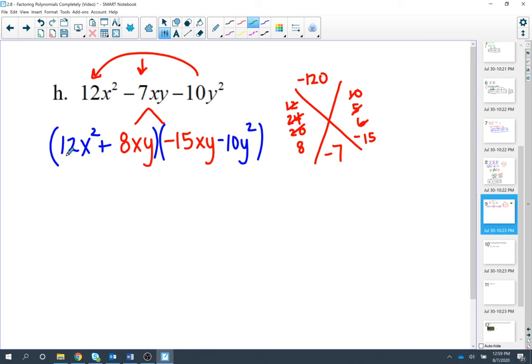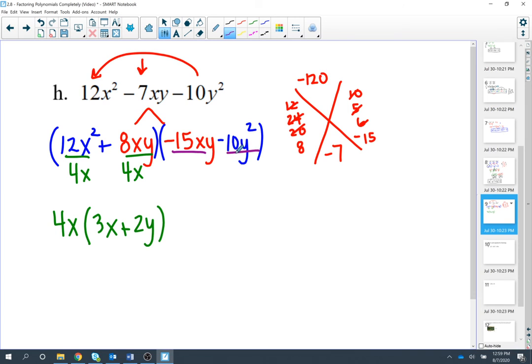Okay, out of the first two, I'm thinking we could get 4x, which is going to leave me with a 3x plus a 2y. Out of the second two, I'm thinking negative 5y.